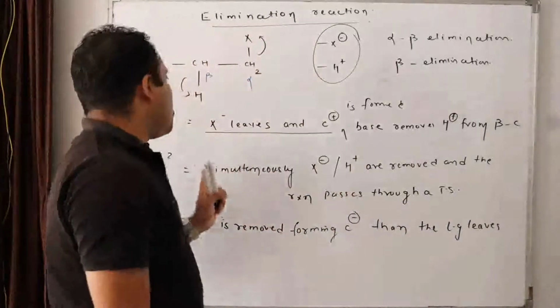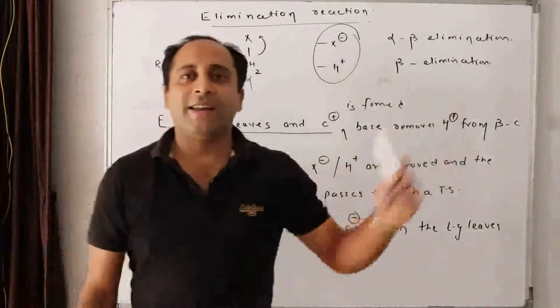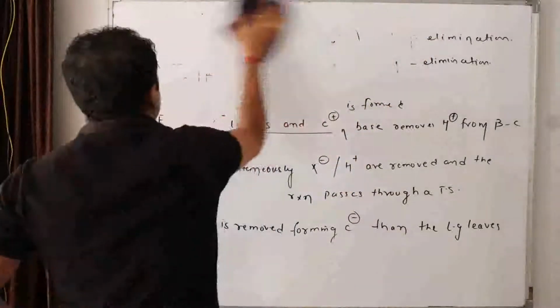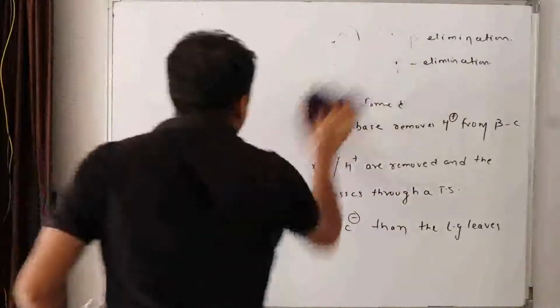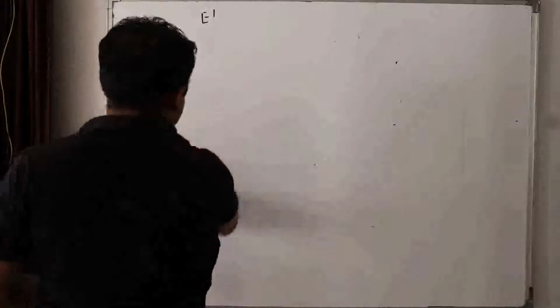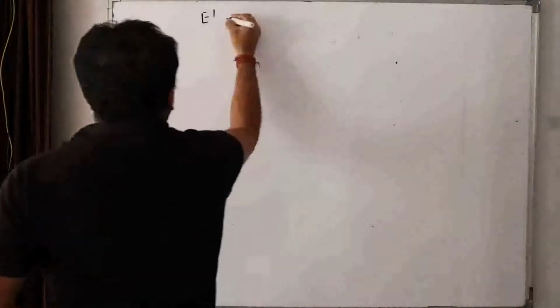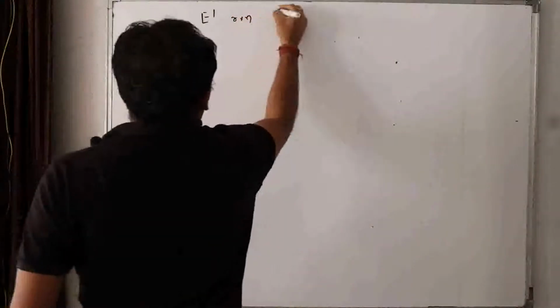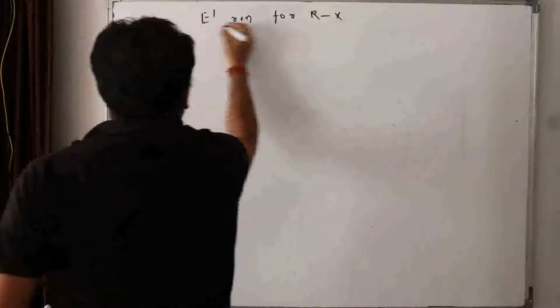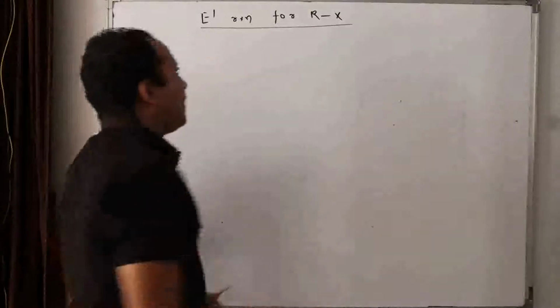First we'll discuss E1 reactions of alkyl halide. The first reaction is E1 of alkyl halide. First one is E1 reactions for alkyl halide.